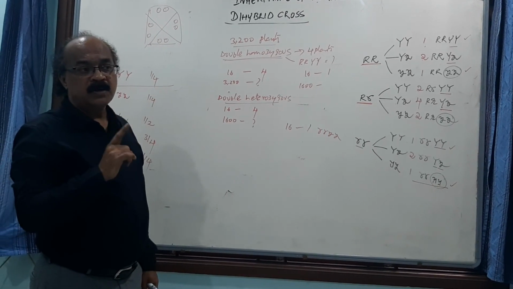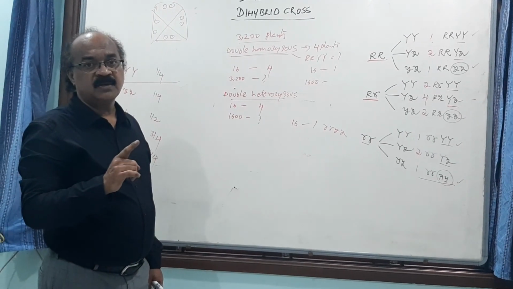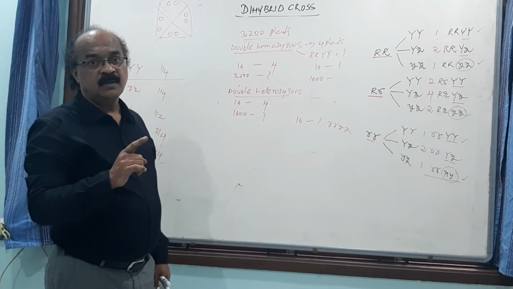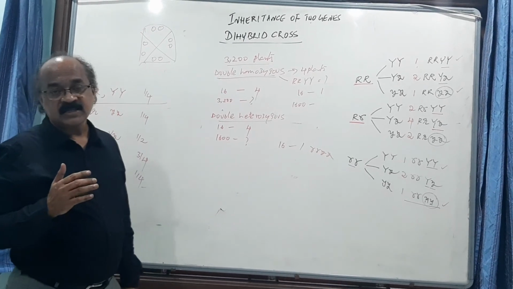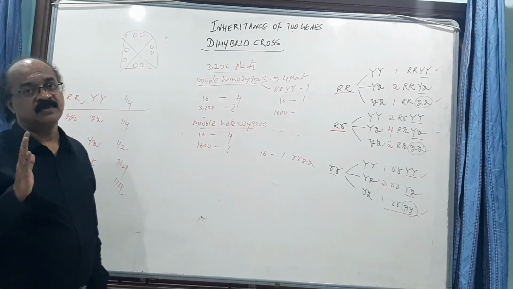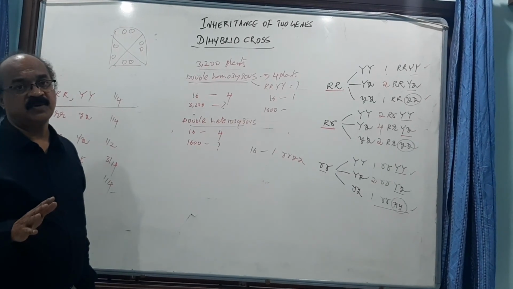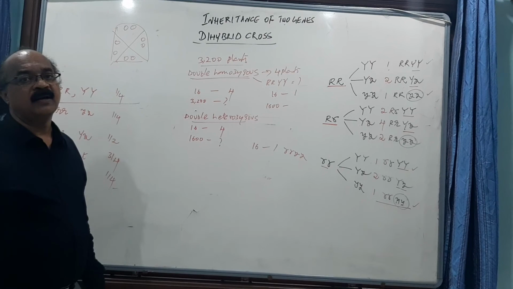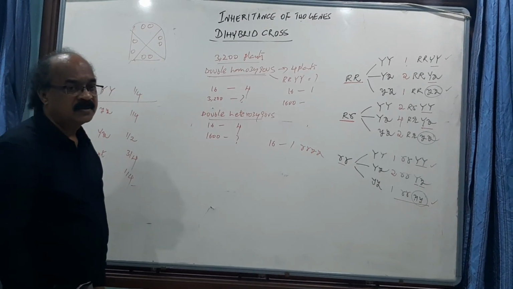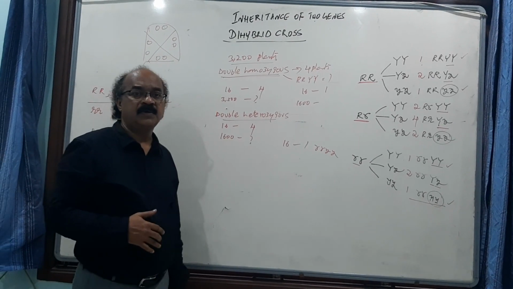Homozygous condition 1/4, dominant 3/4, heterozygous condition half, recessive 1/4. When these things are in your mind, automatically you can calculate. So the problems are given as an assignment, you complete it.